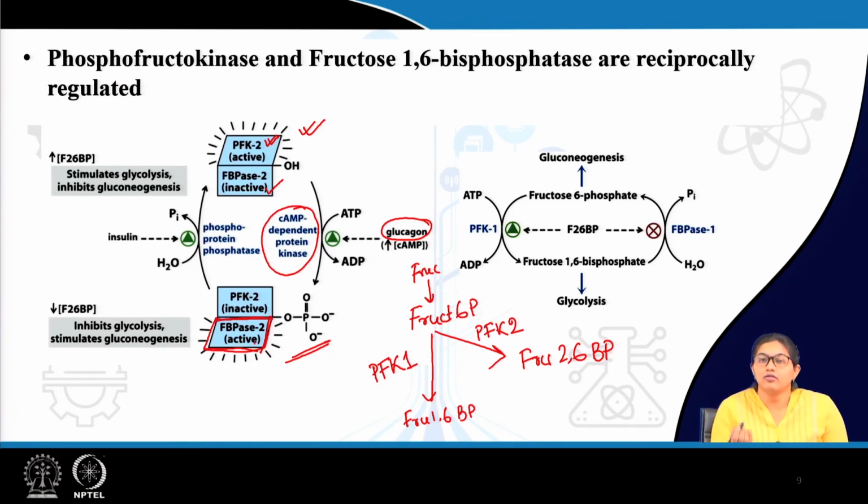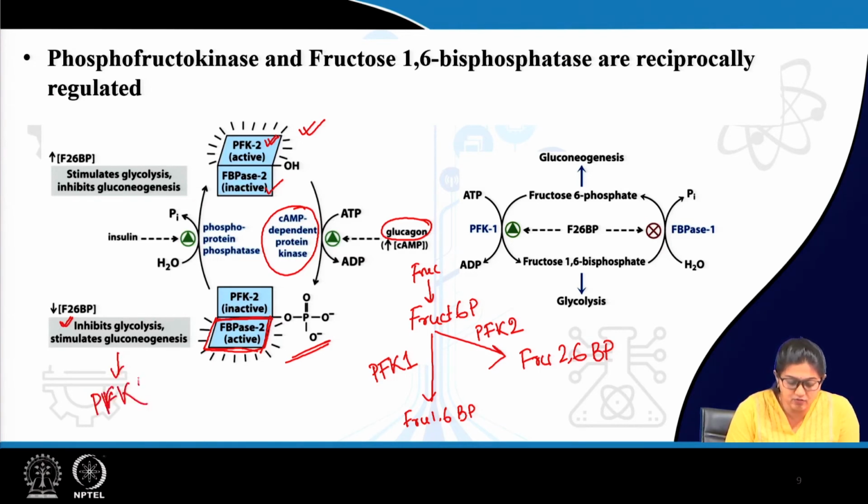Now, because phosphatase is activated, fructose 2,6 bisphosphate is hydrolyzed. So, the level of fructose 2,6 bisphosphate is low, and so there is inhibition of glycolysis by inhibiting phosphofructokinase 1.